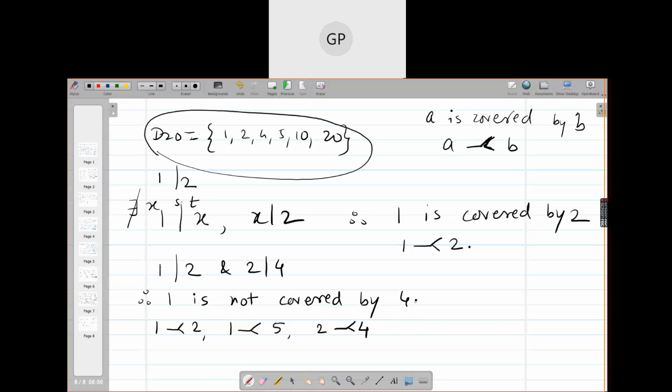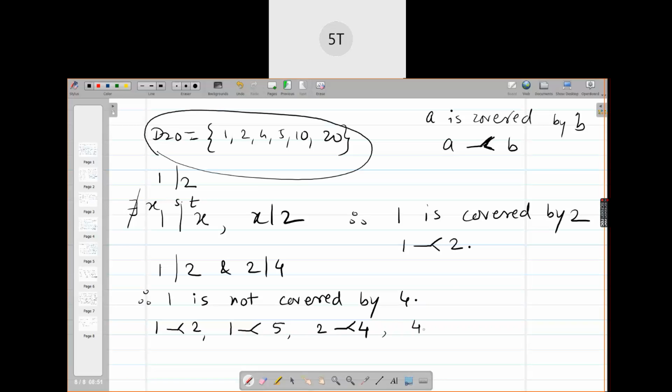Between 2 and 4 is there any number which 2 divides and which divides 4? Do you have such an element in D20? No.